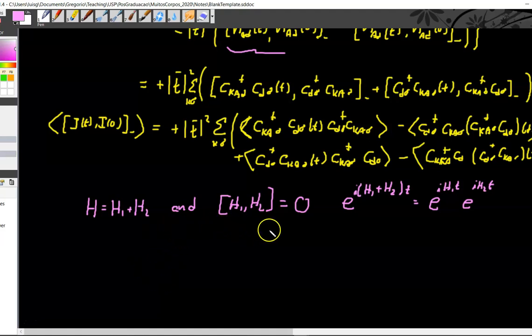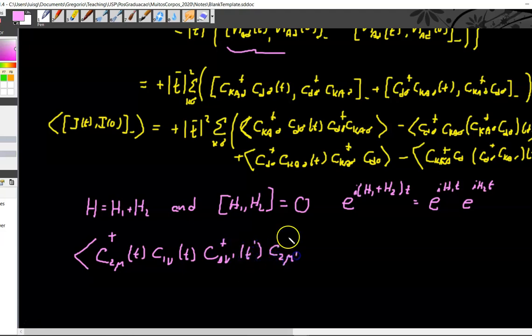what happens here is that if this occurs, I can also write something like that. If I have C2 mu, so this is an operator in H2, C2 dagger at time t, C1 a different state nu, C1 nu prime at time t prime, C2 mu prime also at time t prime.